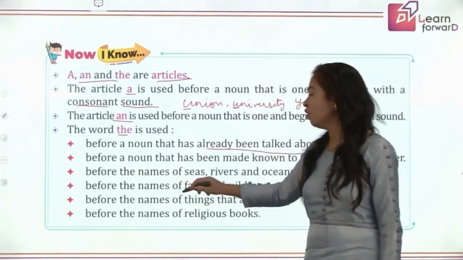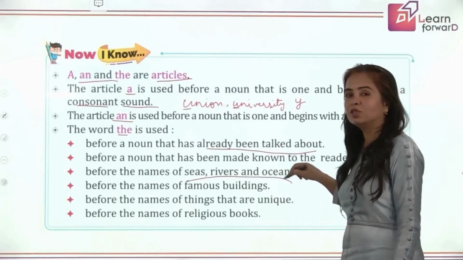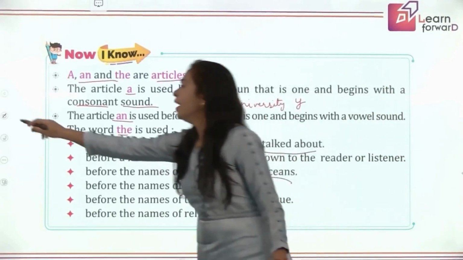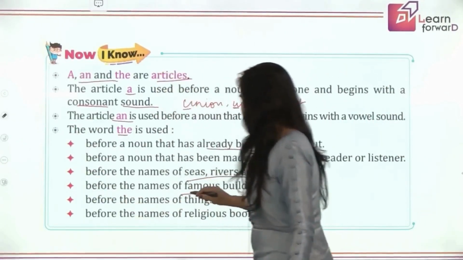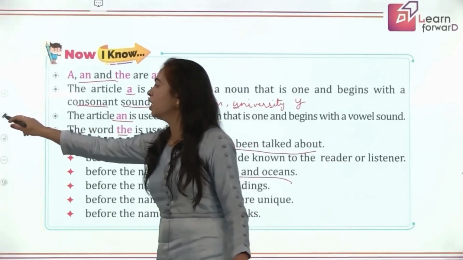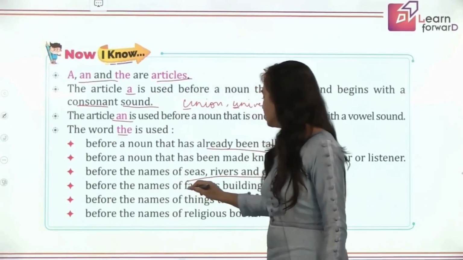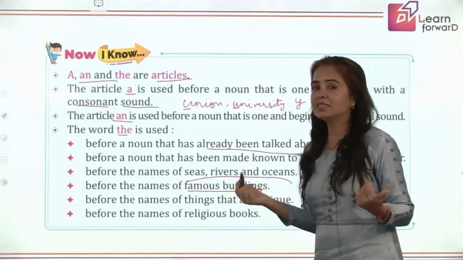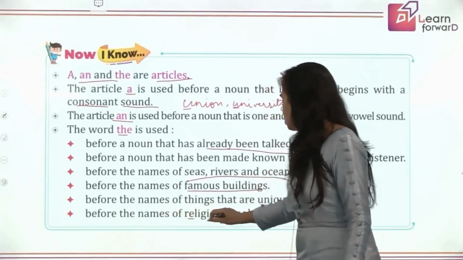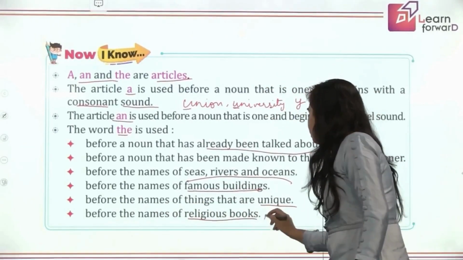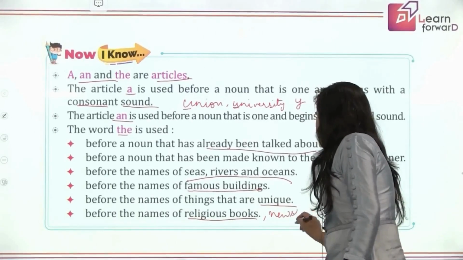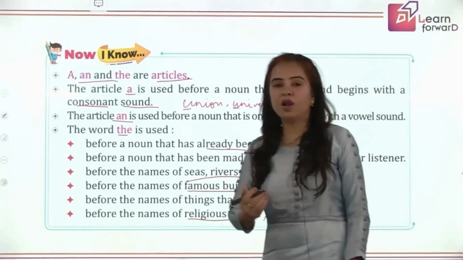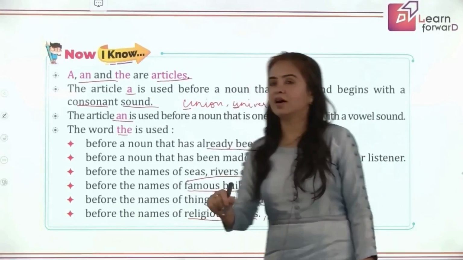Before the names of water bodies, seas, rivers and oceans, then before the names of monuments, famous buildings also, and then we have learnt about the things which are universal, like the sun, the moon, the stars. So they are unique, nothing else of their type. And before the names of religious books and of course the names of newspapers also, I have told you. So this was all about the use of a, an and the articles.